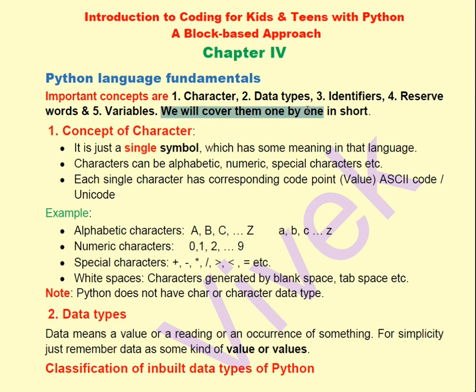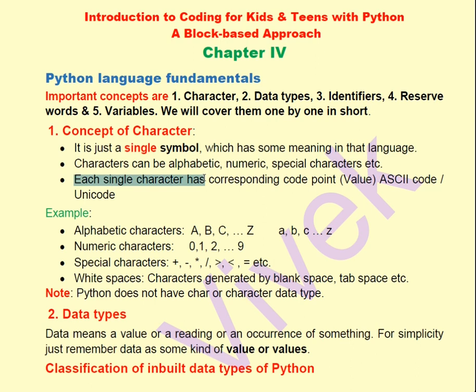We'll cover them one by one in brief. First, the concept of character. It is just a single symbol which has some meaning in that language. A character can be an alphabetic character, a numeric character, or a special character, etc.